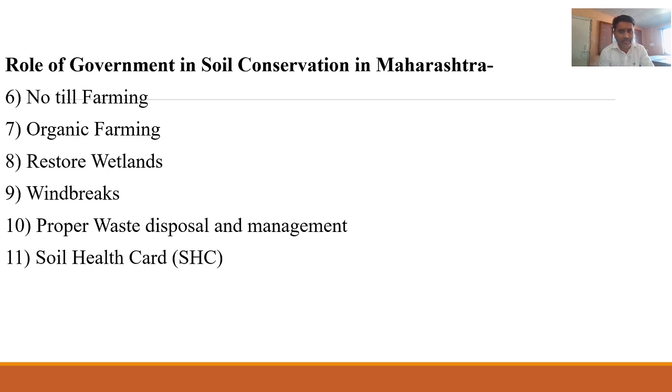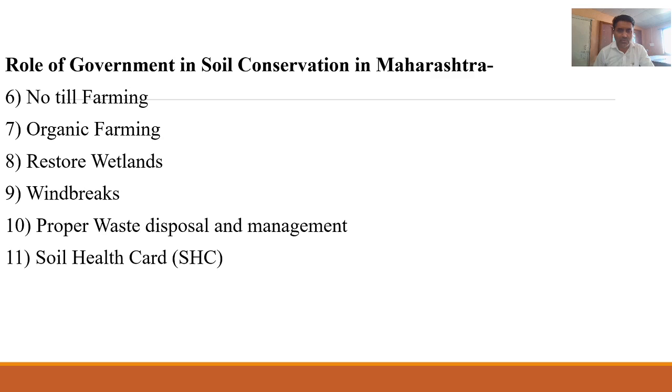Next one is organic farming. This is the trend of nowadays. In the concept of sustainable farming, it is one practice of organic farming. Nowadays, what happened?